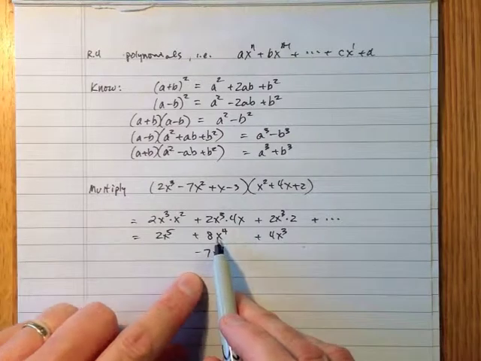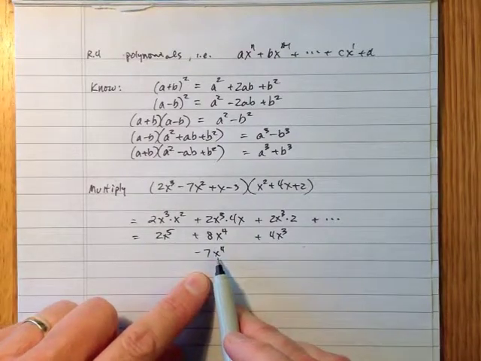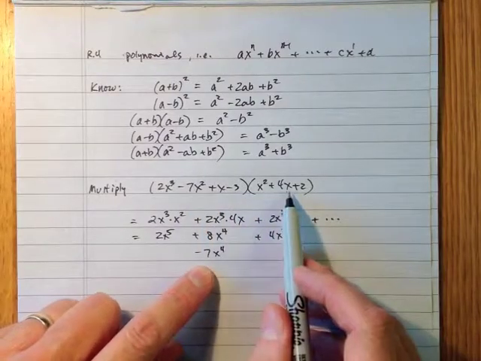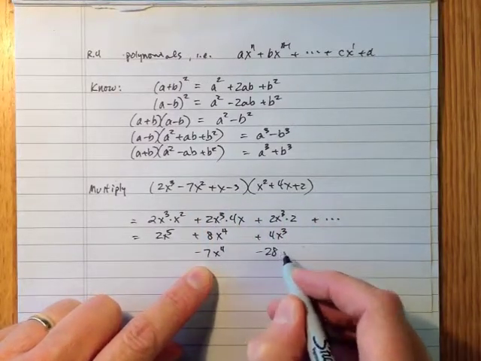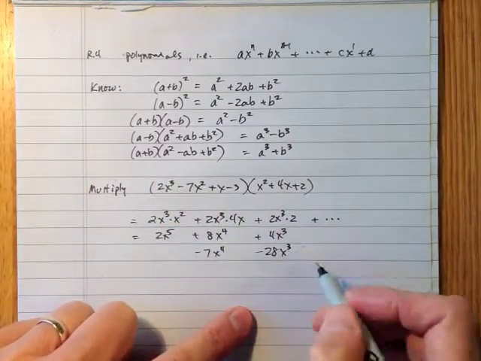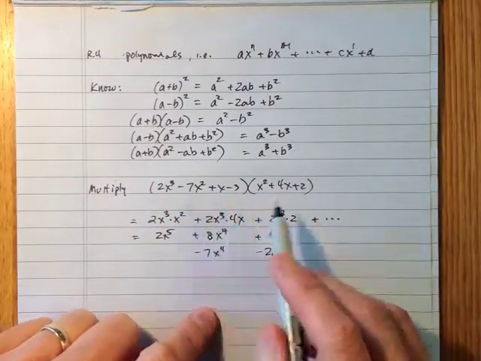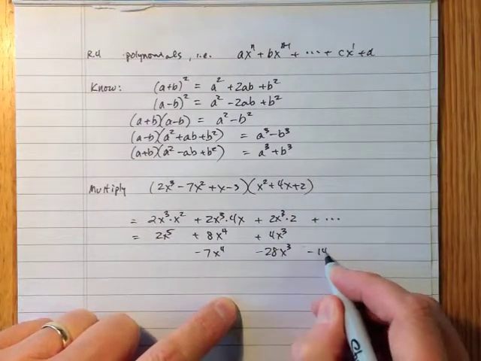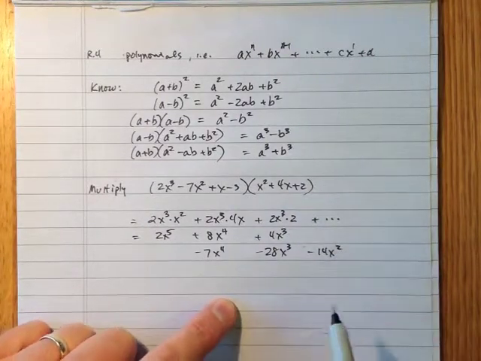I'm going to put that in the same column as the earlier x to the fourth I had, the 8x to the fourth. And the negative 7x squared times 4x will be minus 28x, well, x squared times x to the 1 is x cubed. And negative 7x squared times positive 2 is negative 14x squared.